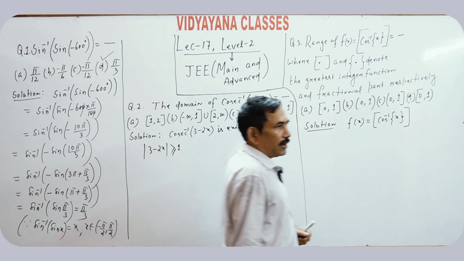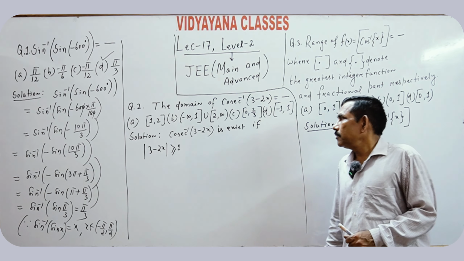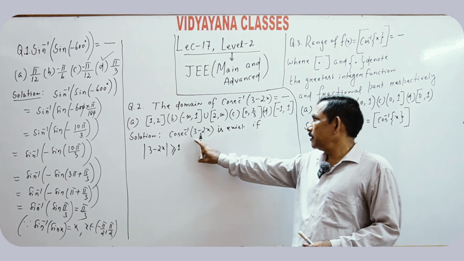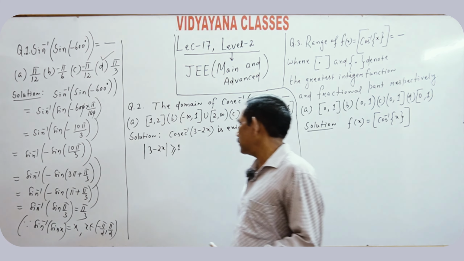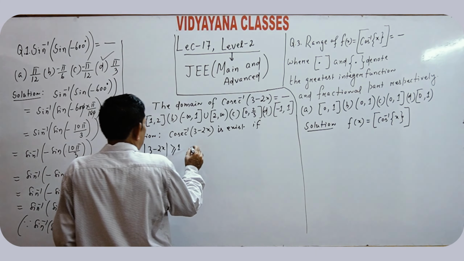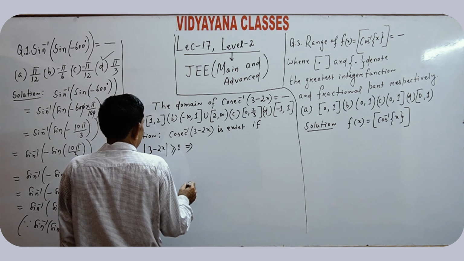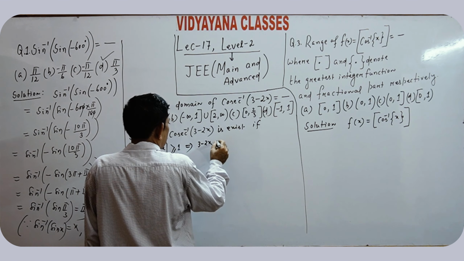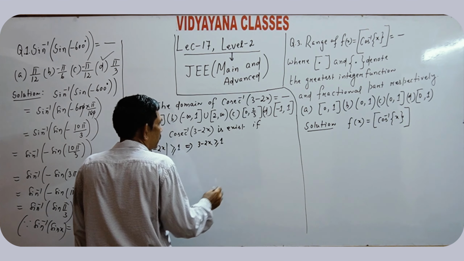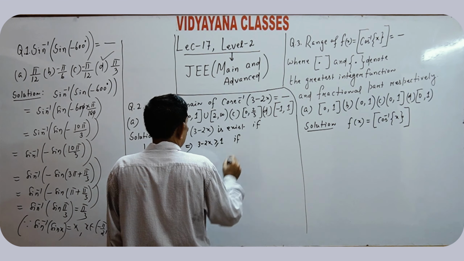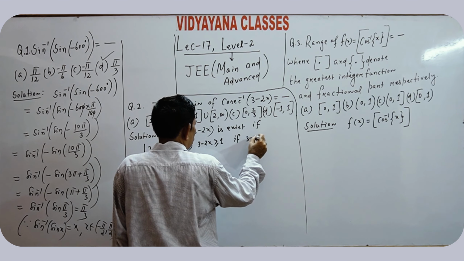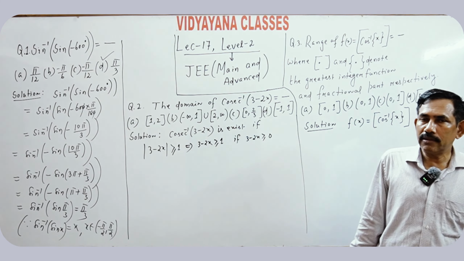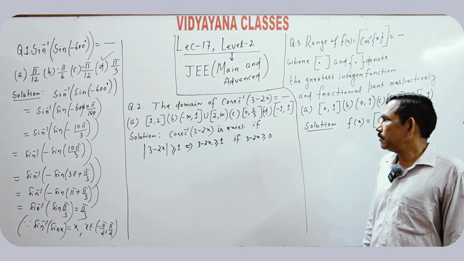Cosec inverse x exists if mod of x is greater than or equal to 1. Here x is given by 3 minus 2x, which implies mod of 3 minus 2x greater than equal to 1 if 3 minus 2x greater than equal to 0. Mod of x is equal to x if x greater than equal to 0.